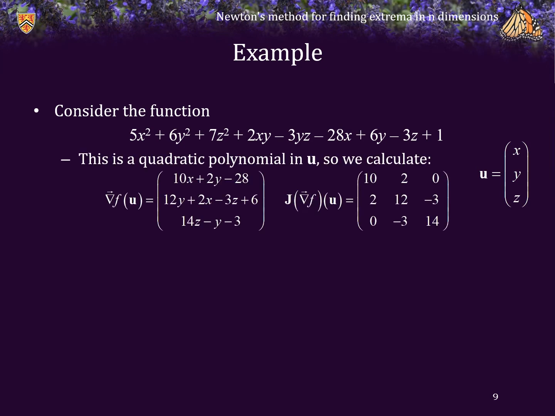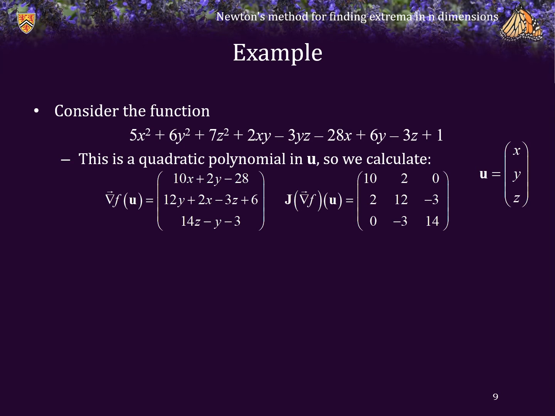Consequently, we can see that this is a quadratic polynomial in the entries of u, and therefore you will notice that the gradient is actually a system of linear equations. Consequently, the Jacobian on the right-hand side is a constant matrix.